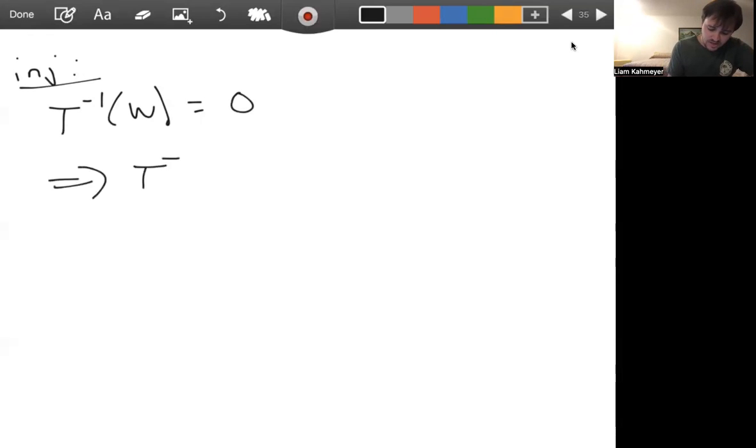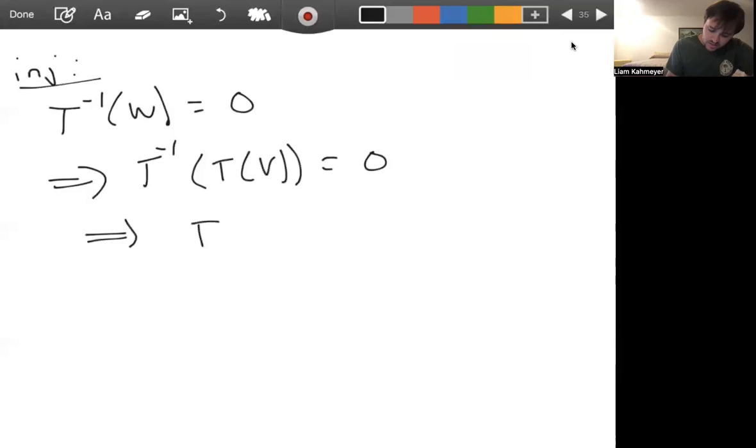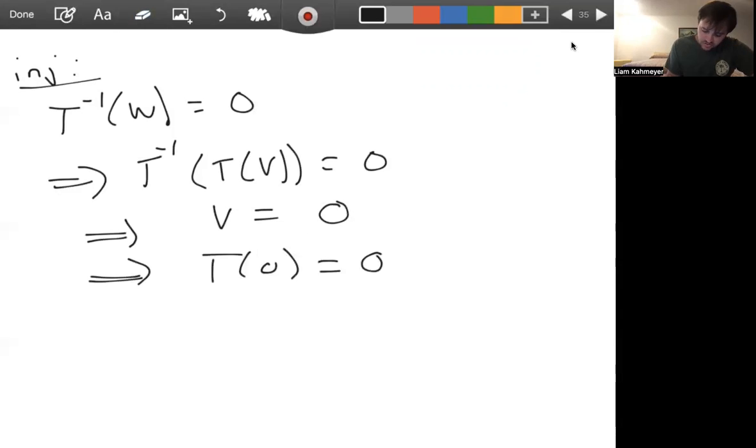So there exists some V such that W equals T of V, and T inverse of W equals V equals 0. Or excuse me, V equals 0. But if V equals 0, then T of 0 equals 0, which implies that T inverse of 0 equals 0.